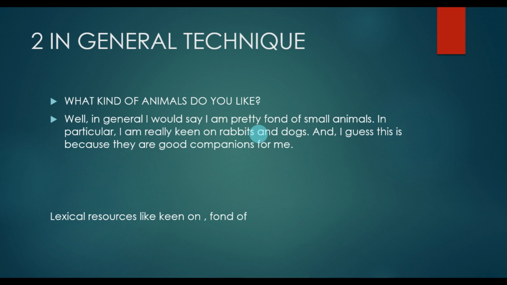And I guess this is because it contains lots of historical moments. So if you use this type of sentence structure, it will help you in the lexical resources like you are using fond of, also really keen on, also you speak at length.